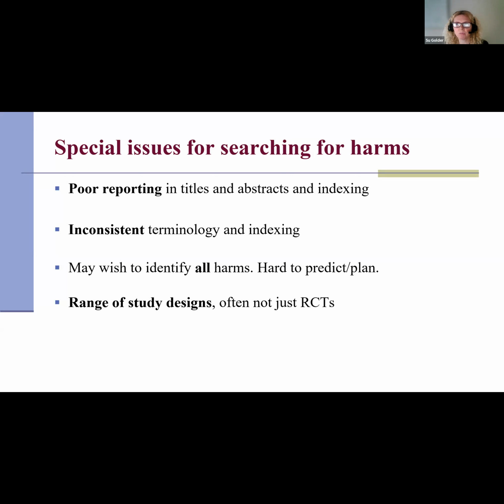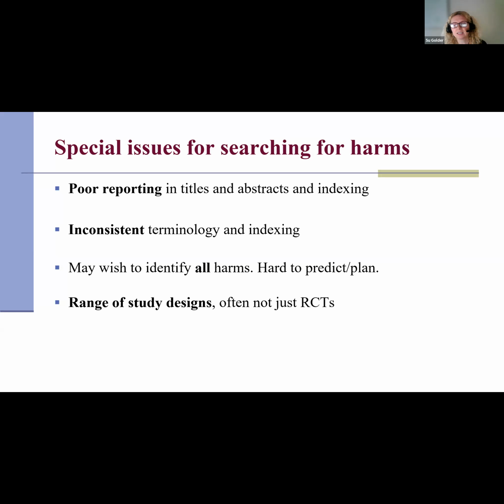And again, with the indexing, there are a lot of different indexing terms that are applicable for adverse events. And as you already stated, you may wish to identify all harms. Obviously, it's really hard to search for what you don't know you're searching for. So at the beginning of the systematic review, you might not know which harms you should be searching for, especially if you want to identify unexpected harms.